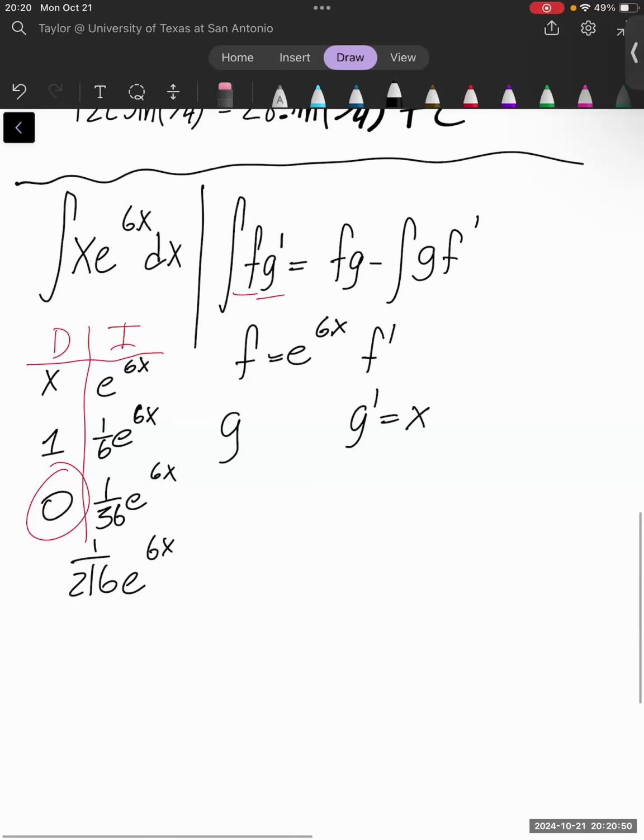Now, matching the tabular method, I'll use purple. These two functions, then we have plus, minus, plus, minus.